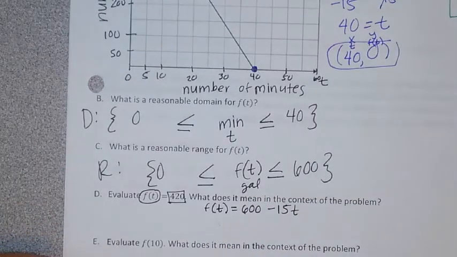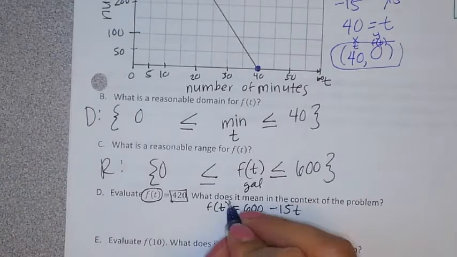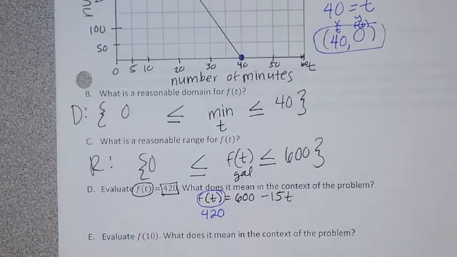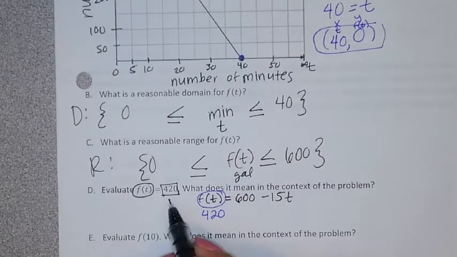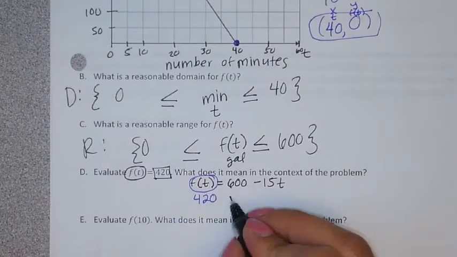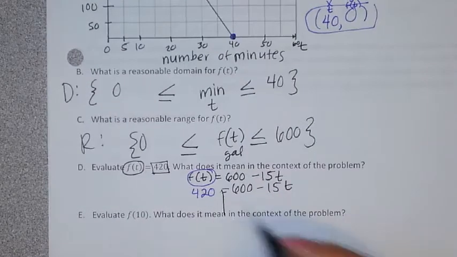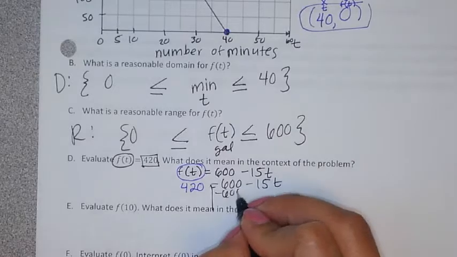From here they're giving me the f of t. So this part right here, I know it's going to be 420. So they're giving me the number of gallons here. When the gallons are 420, what is the time that happens when the gallons are at 420? So now we just need to solve the equation.